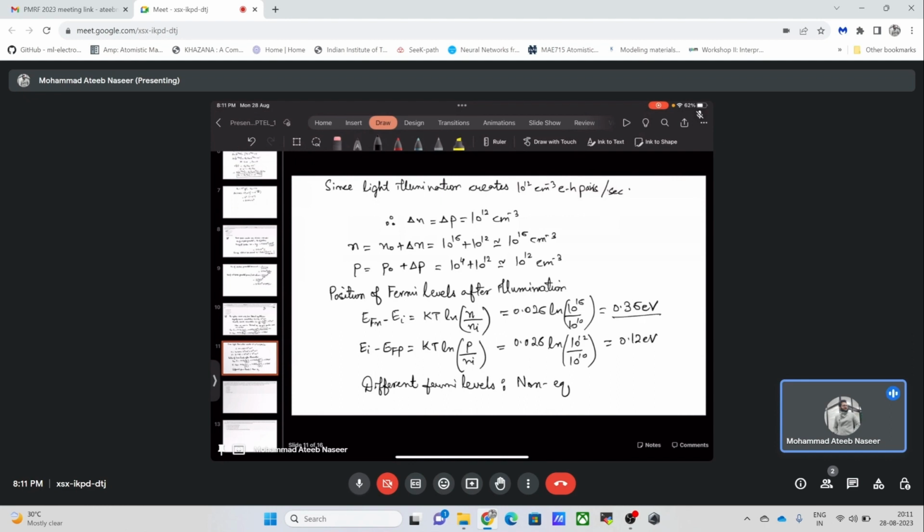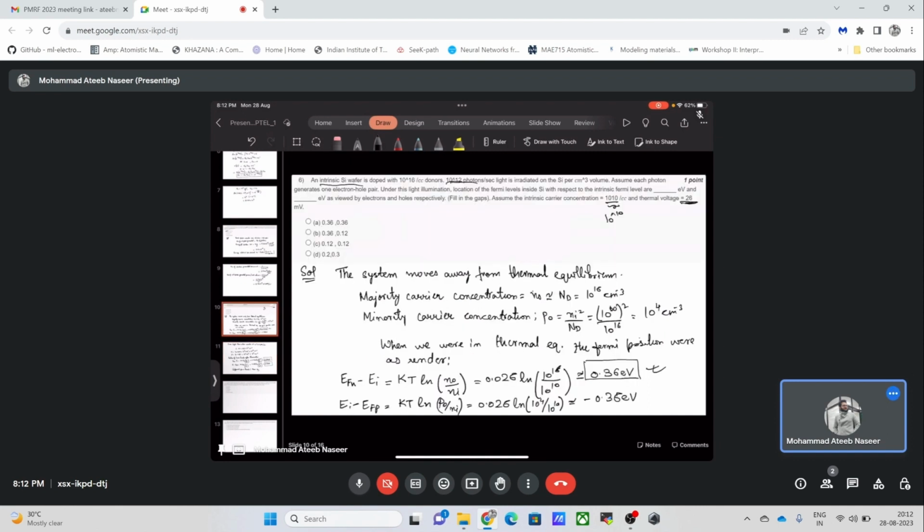We have got a different Fermi level for the holes, and since the electron concentration was not significantly impacted, it is approximately equal to 0.36 electron volts. Now let us check the options which match our values.